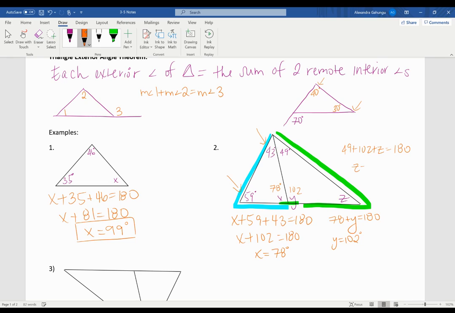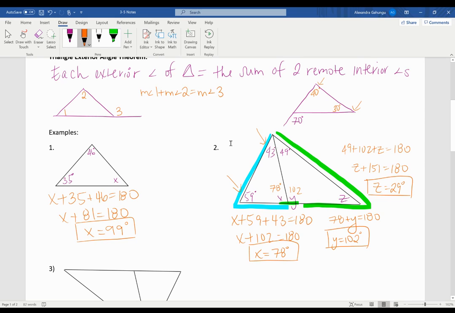So I get z plus 151 equals 180. Z equals 29 degrees. So you've got x, y, and z.